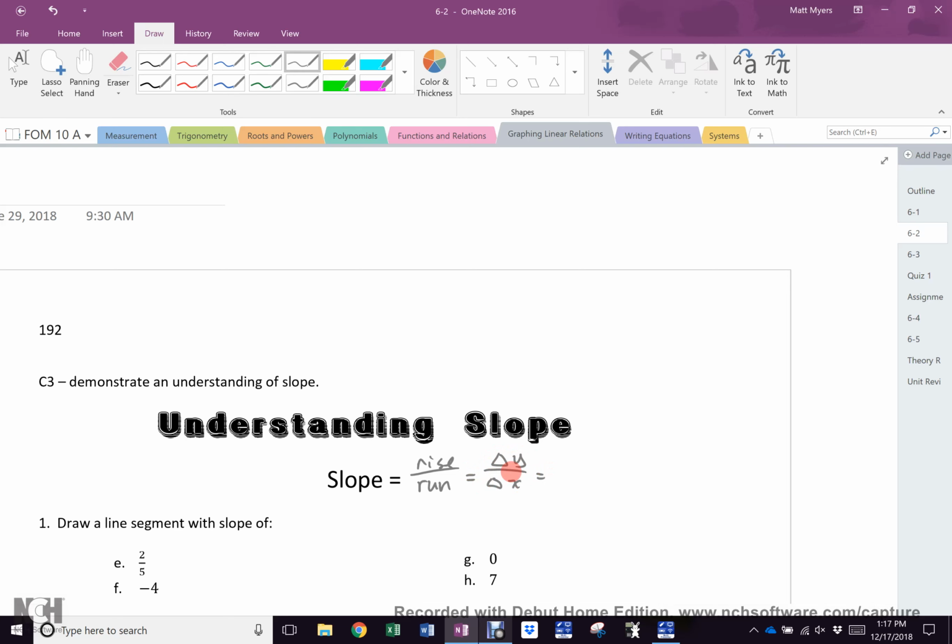Yes, the change in the DV over the change in the IV. Anything else? y2 minus y1 over x2 minus x1.